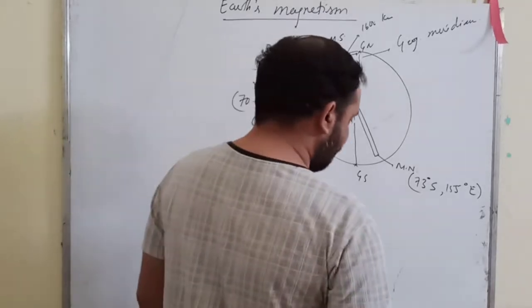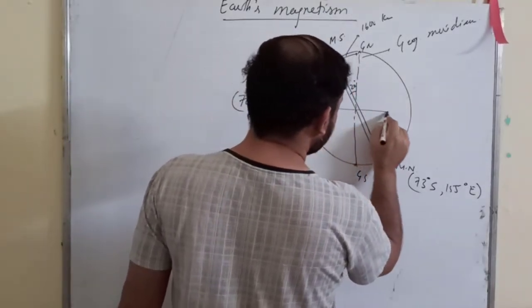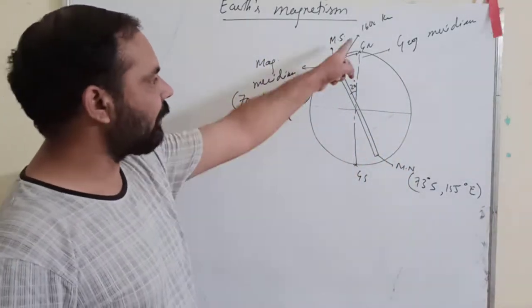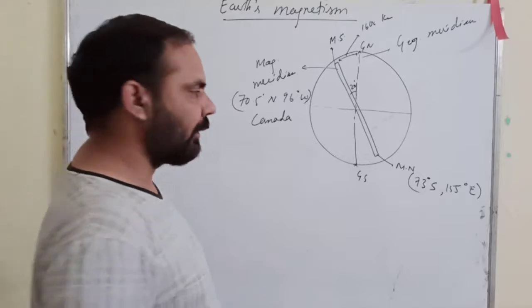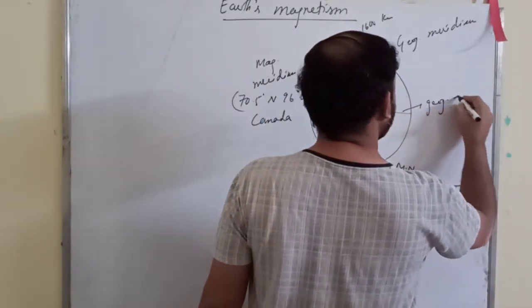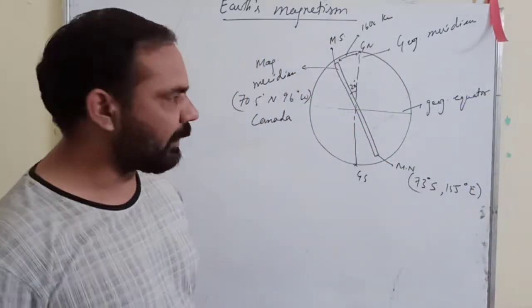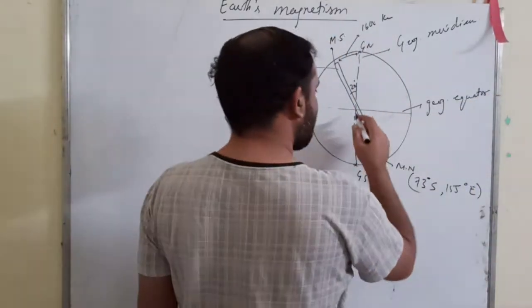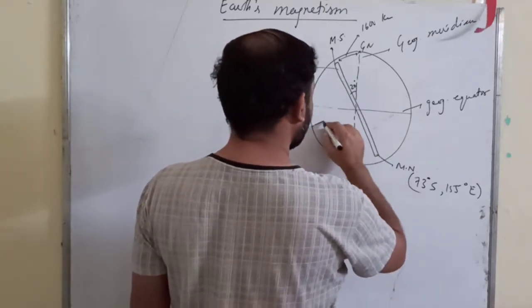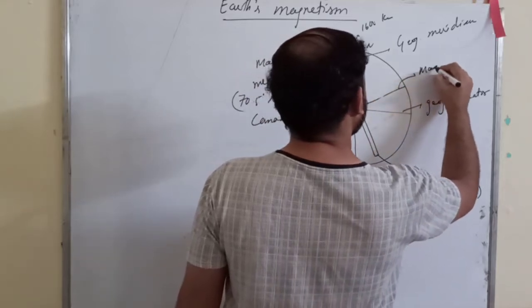Then the plane which passes through the center and is perpendicular to the geographical meridian is called the geographic equator. Similarly, the plane passing through the center and perpendicular to the magnetic meridian is called the magnetic equator.